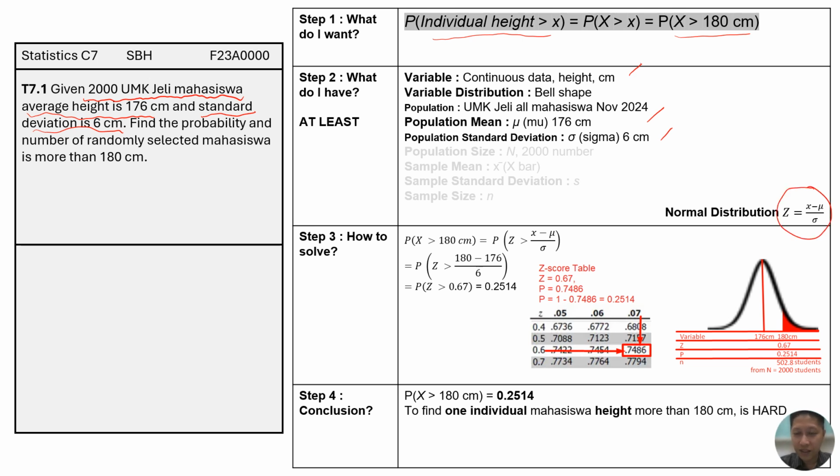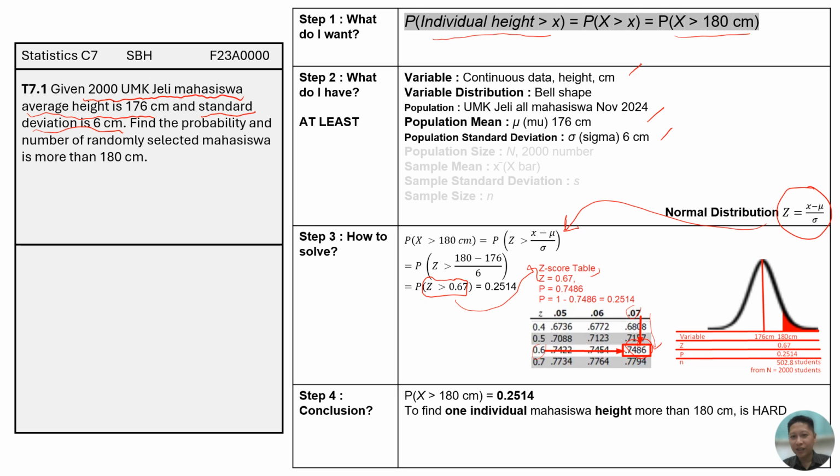Later on, you can see we plug into the Z score formula, and we get that Z is larger than 0.67. We need to convert the Z into the P. We're going to use the Z score table. When Z equals 0.67, here, P is 0.7486.